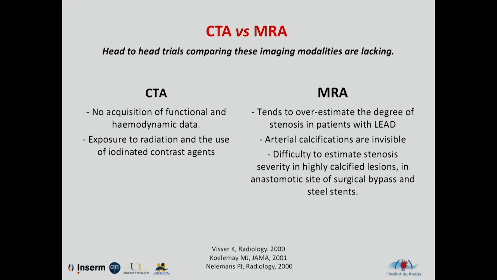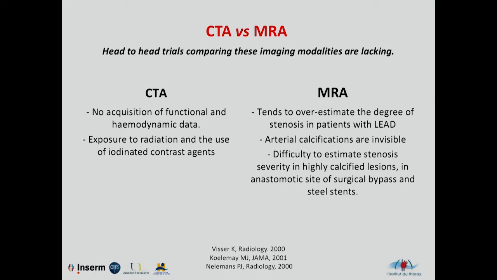Everybody knows, and you talked about it, that we have some advantages and disadvantages with these techniques. For CTA, it's mostly about no acquisition of functional and hemodynamic data, and we know about exposure to radiation and the use of contrast product. About MRA, there is a trend to overestimate the degree of stenosis in patients with PID.